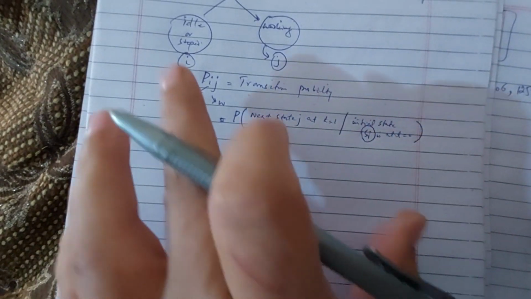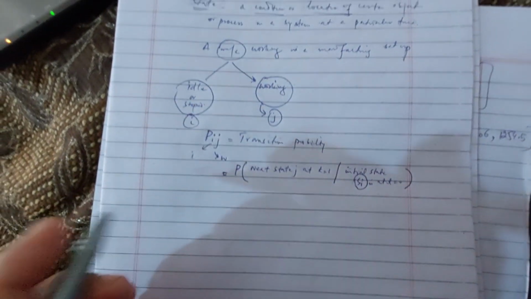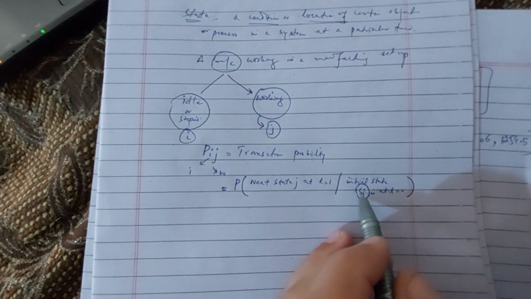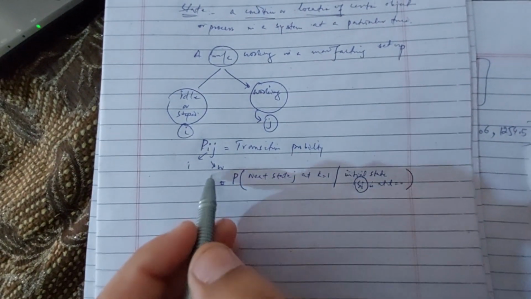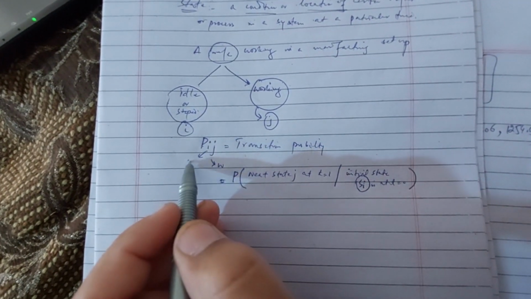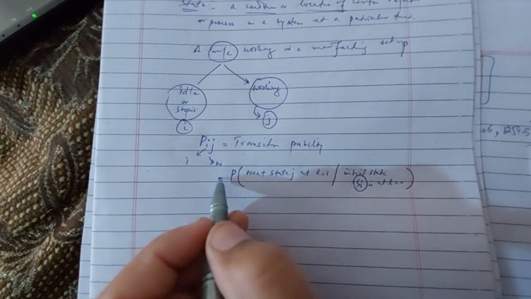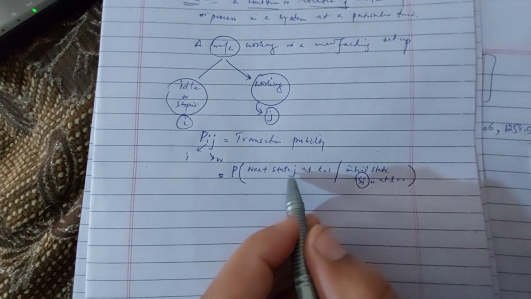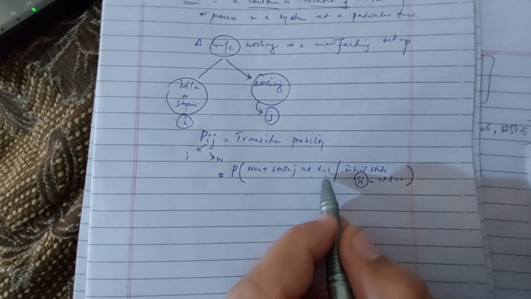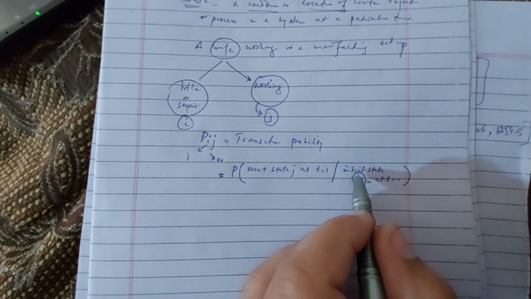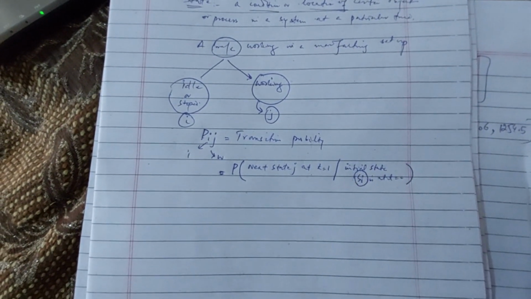Okay, let's do it in this example. For the machine, the Si is the idle, so the probability that the machine goes from idleness to the working condition can be mathematically written as the probability that the next state J is working for the machine such that initially the machine is idle.